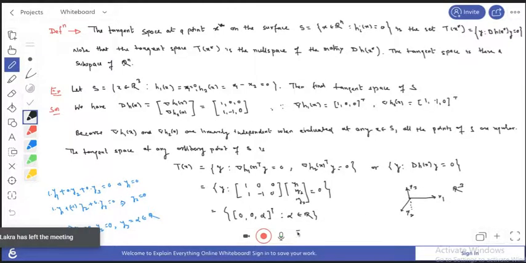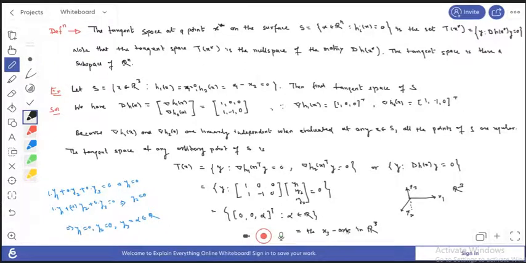This means this is simply the x3 axis. So the tangent space of that is the x3 axis in R3. Okay, so this is the value of this tangent space. So if this is your constraint, and you try to find the tangent space of that feasible region, that is simply the x3 axis in R3.